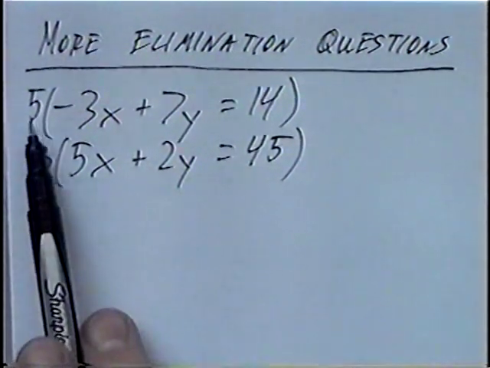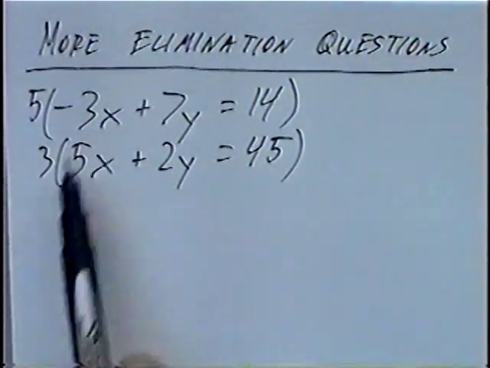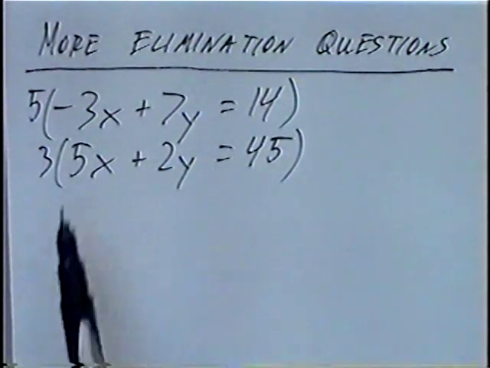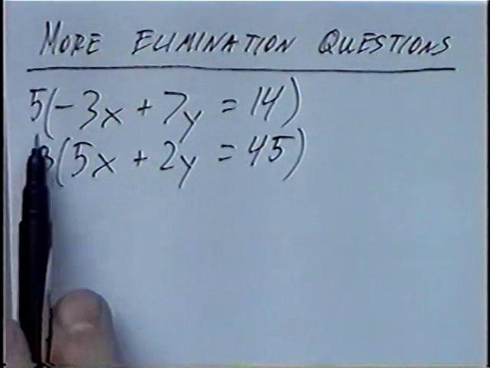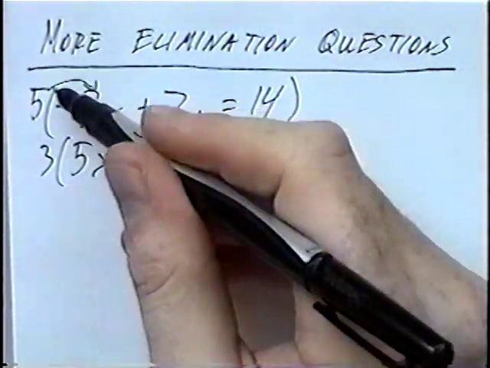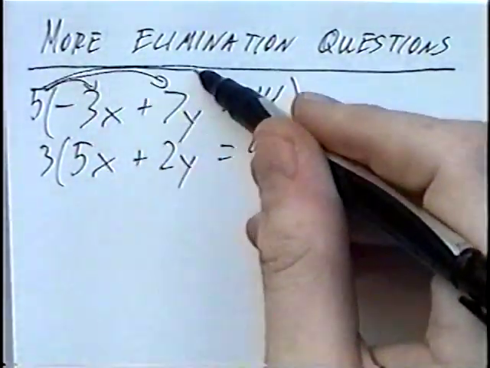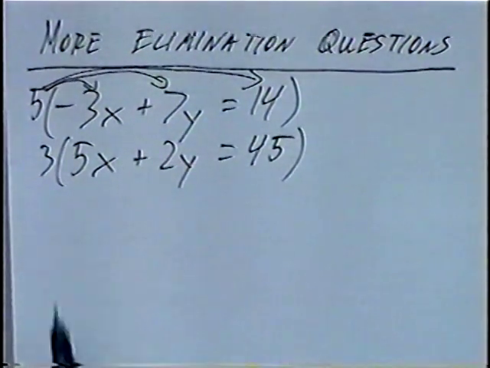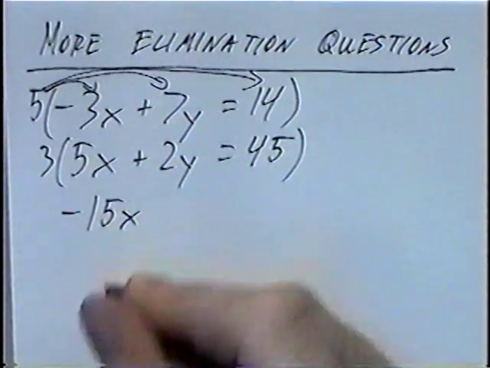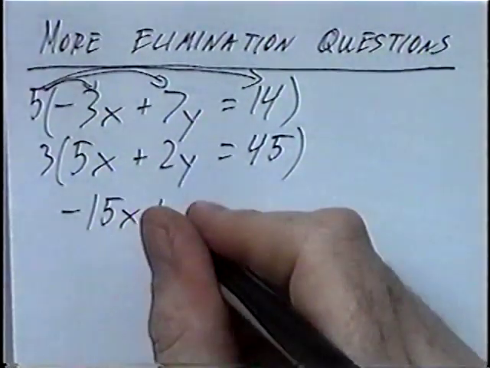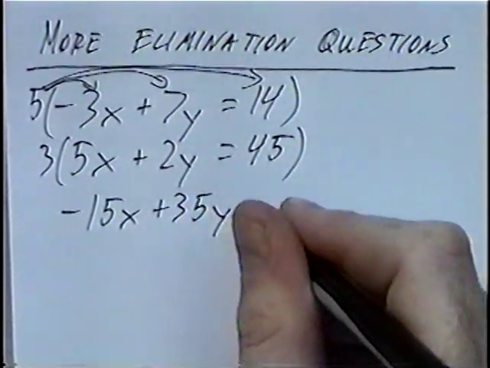This way the first equation, the x's will be 15x, and the second equation will also be 15x. Multiplying the first equation, the 5 will be distributed to each number, each variable, and every term. So 5 times a negative 3x is negative 15x. 5 times 7y, 35y.